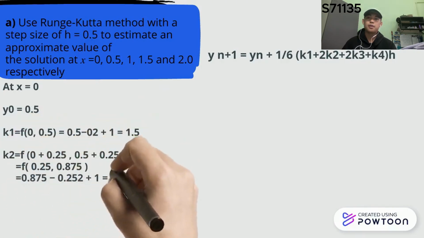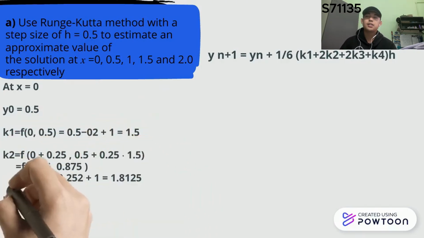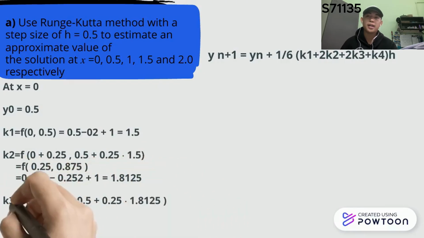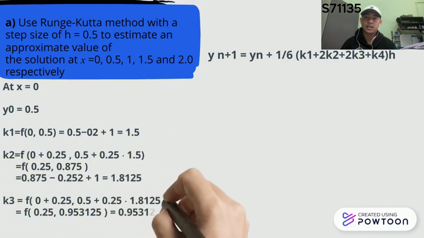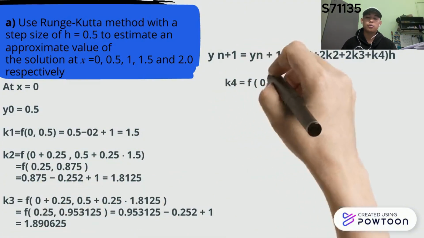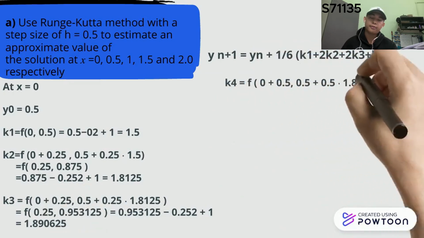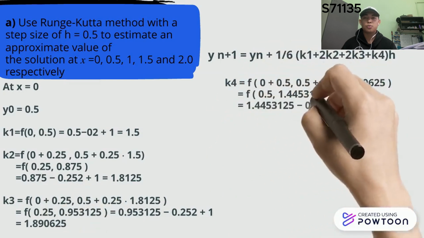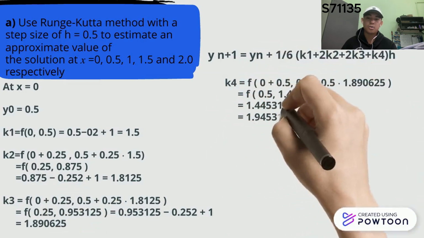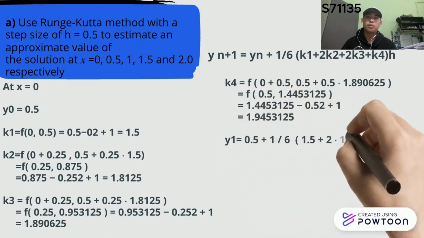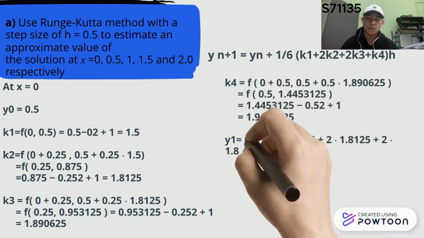Next we have the step size h. h equals 0.5, meaning you increase x by 0.5 at each step. Next we have the subsequent values of x: x1 equals 0.5, x2 equals 1.0, x3 equals 1.5 and x4 equals 2.0.